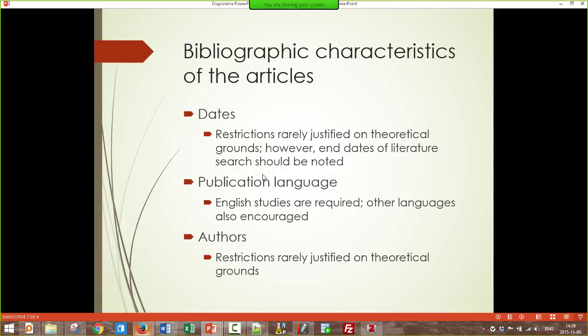So by putting a date restriction from the phenomenon, that excluded articles that definitely were not relevant. So there might be reasons for that. But you have to make sure you have a very good reason for restricting your dates.